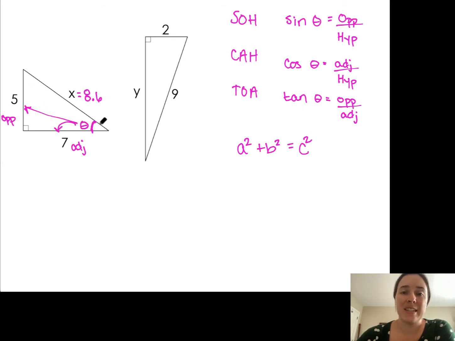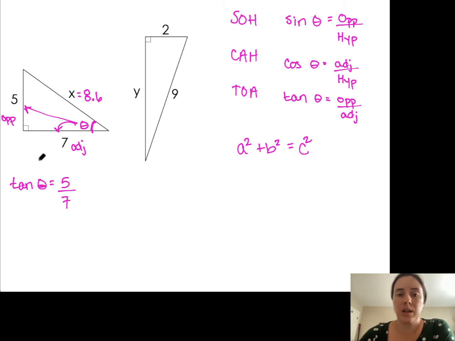So using tangent, so tangent of theta is opposite over adjacent, so our opposite leg here is 5, and our adjacent leg is 7. Now, you'll notice that the thing that we are solving for is trapped inside of our tangent right now. So just like when we are solving math equations, and in order to get rid of something, we do the opposite operation, here we want to do the same thing.